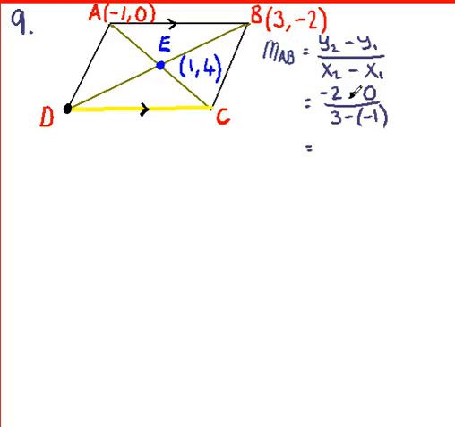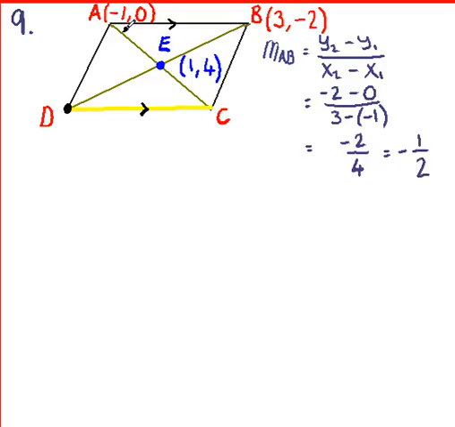So -2 take away 0 is -2 on the top, and 3 minus -1 is the same as 3 plus 1, which is 4. And -2/4 simplifies to -1/2.